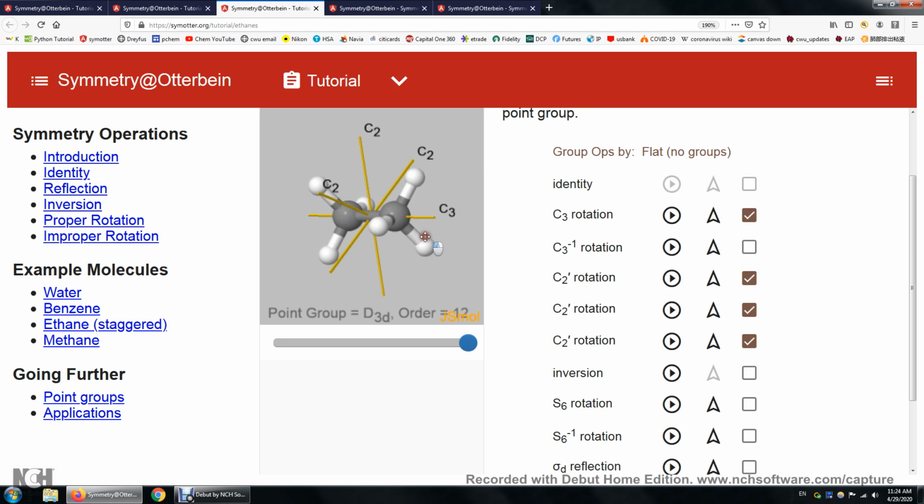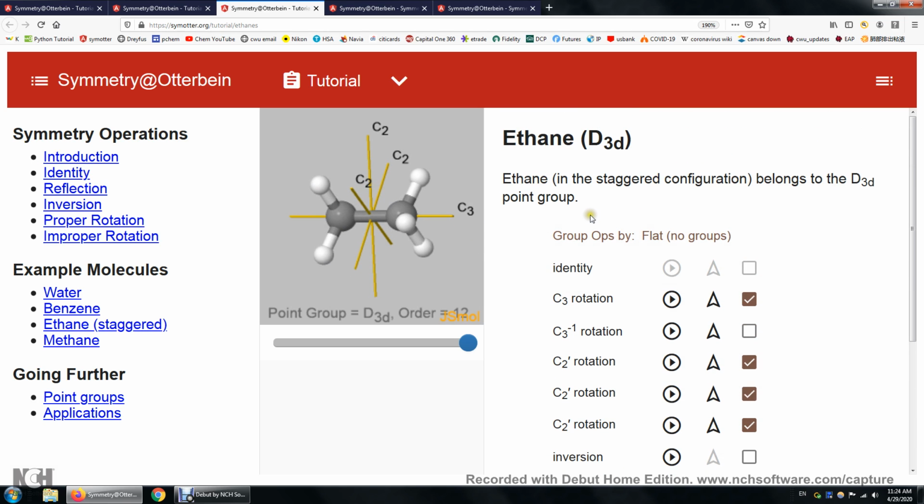It can be Dn, Dnd, or Dnh. In this case, if you have a C3 principal axis and 3 C2 axes perpendicular to C3, then you will have either D3 or D3D or D3H.